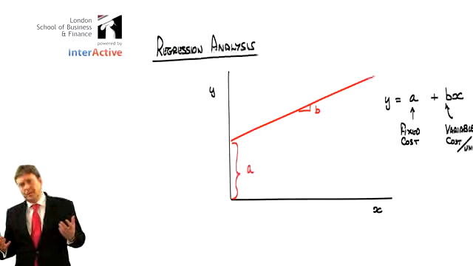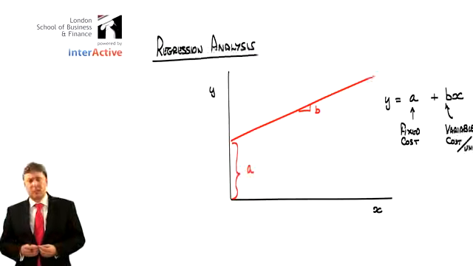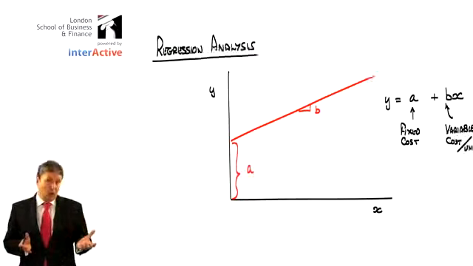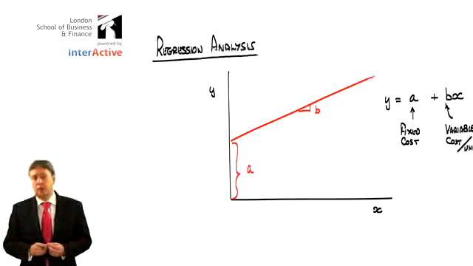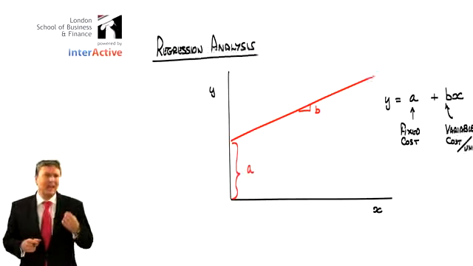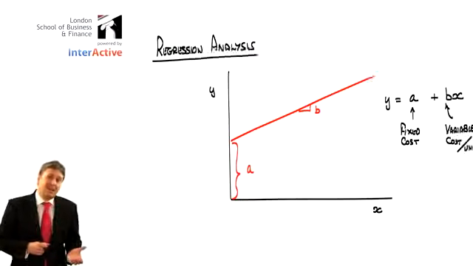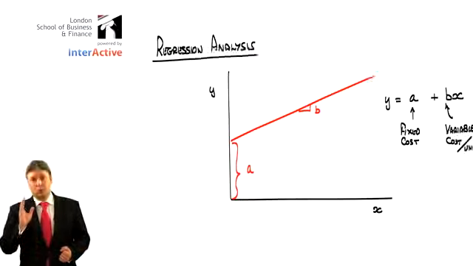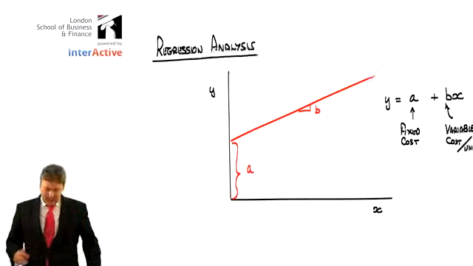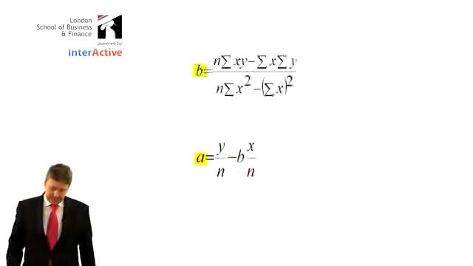So that's what we're attempting to do here, and I've just illustrated a and b in terms of level of activity and costs because that's what we saw before. But of course a and b could describe many other relationships between the independent variable x and the dependent variable y.